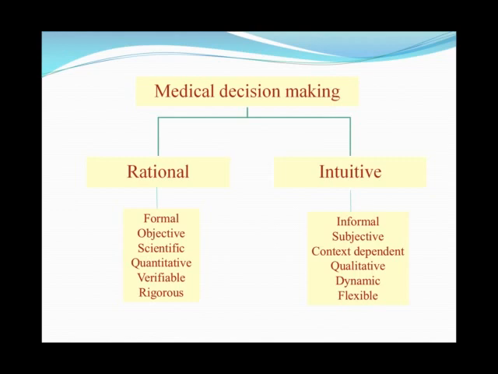Versus intuitive, it's a lot more subjective and flexible, and it's dynamic, meaning there's no specific rule on how it's done. It's informal. There's not a specific way that has been established for how you do intuitive reasoning. It really just depends on the context, like we talked about before.